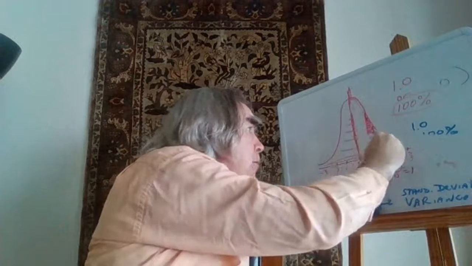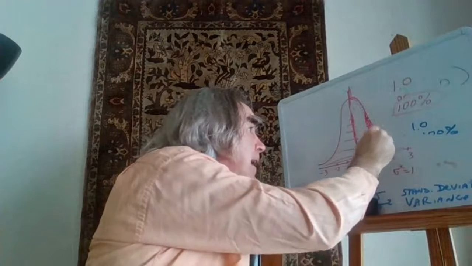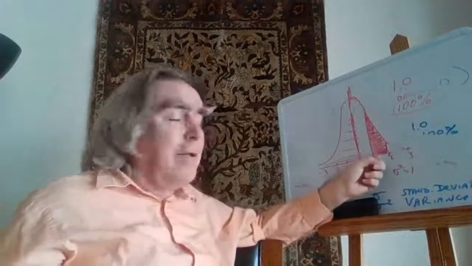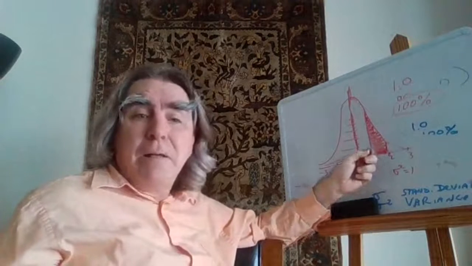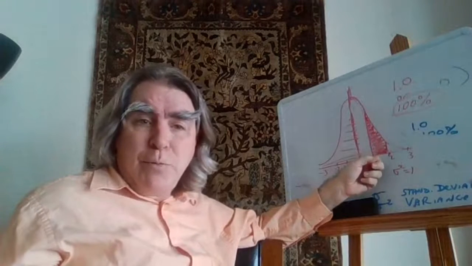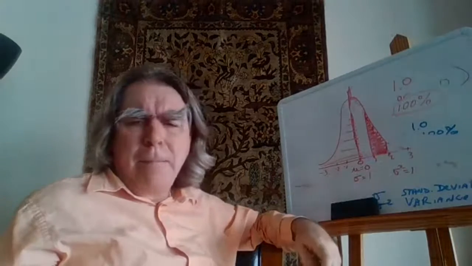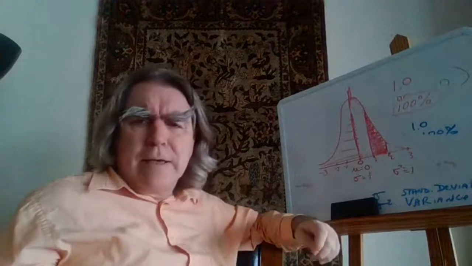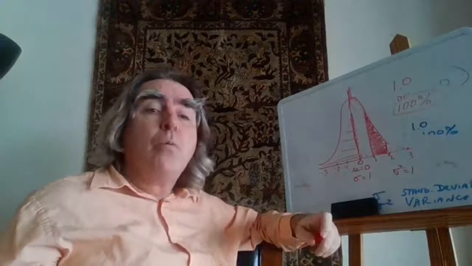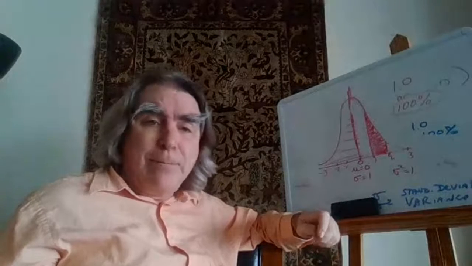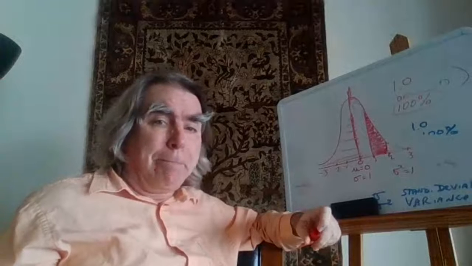And that would be this area, and that will represent the probability of having gotten a result that was between 1 and 2. Okay? And in order to get this, we will need to go to a normal table in the back of the book.